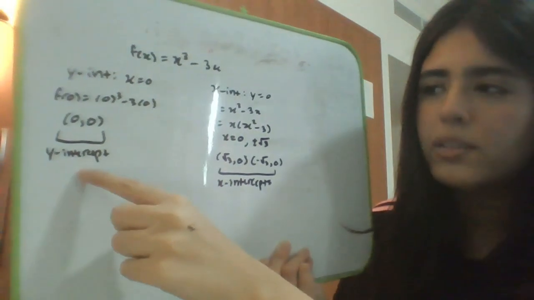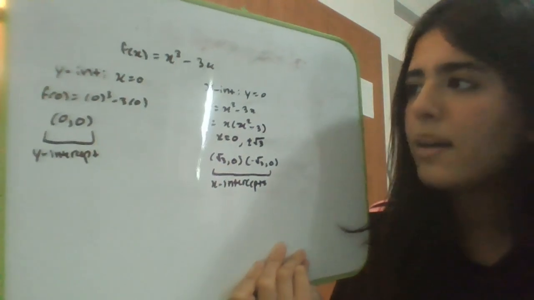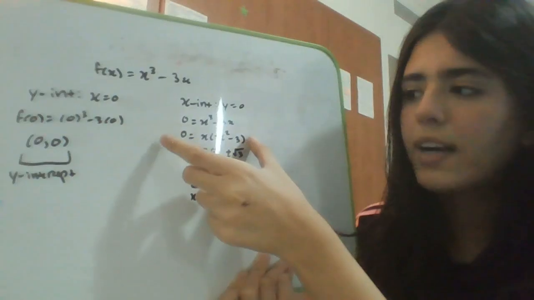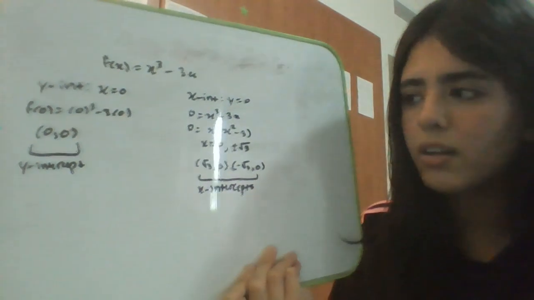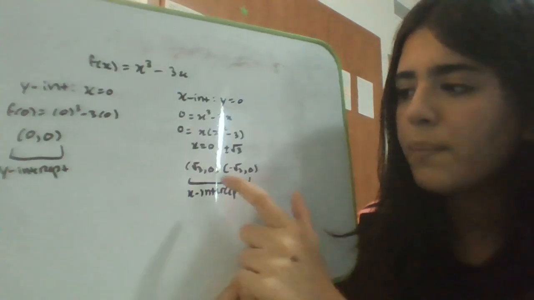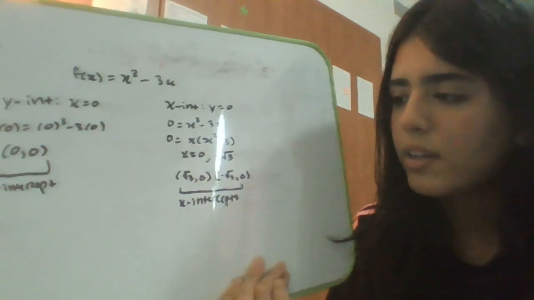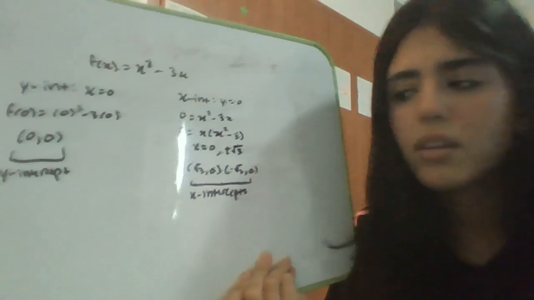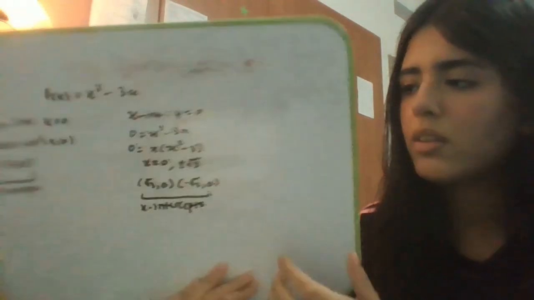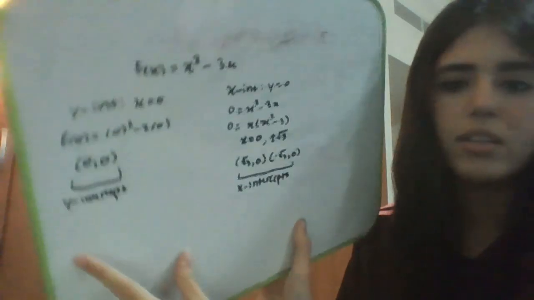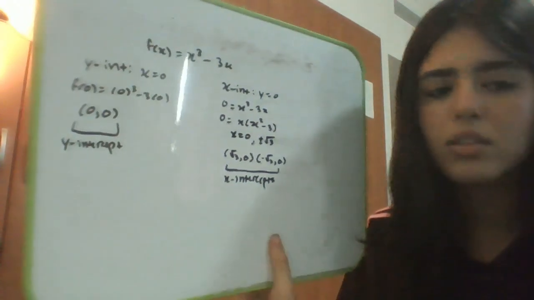So our y-intercept is (0, 0), and for our x-intercepts, you just normally factor and then solve this equation to get what your x values are going to be, and then you get these two x-intercepts: positive root 3 to 0 and negative root 3 to 0. And there you have your 3 intercepts.